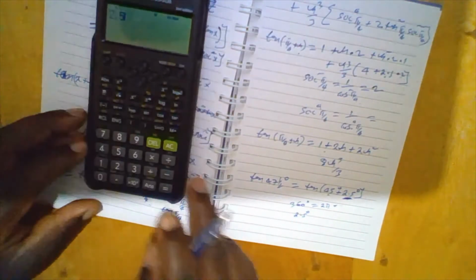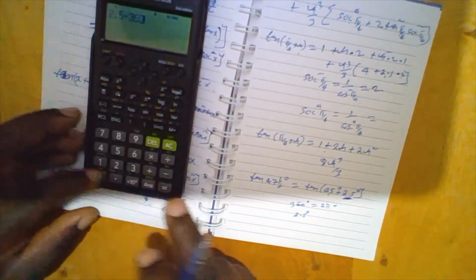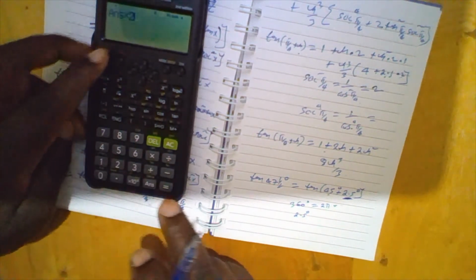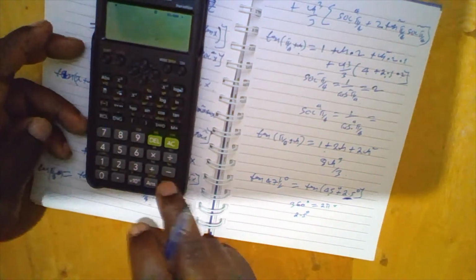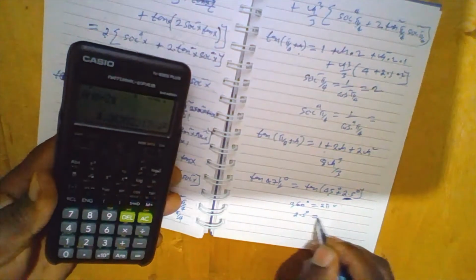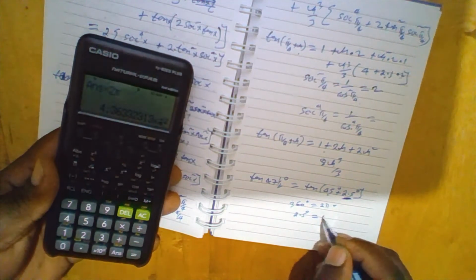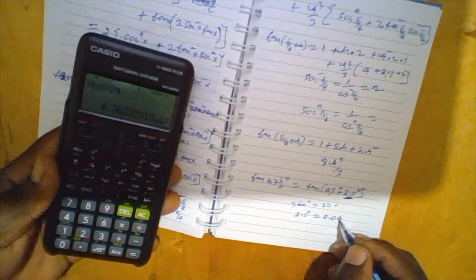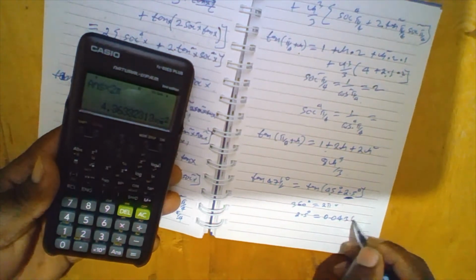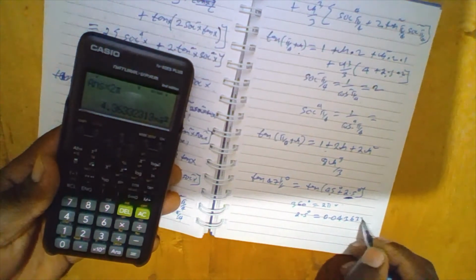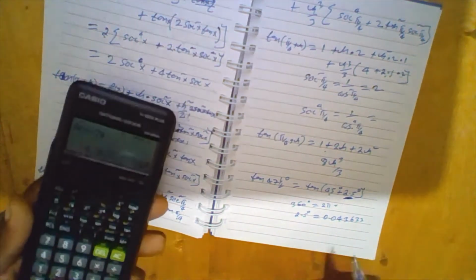We take 2.5 divided by 360 times 2 pi. This equals 0.043633.